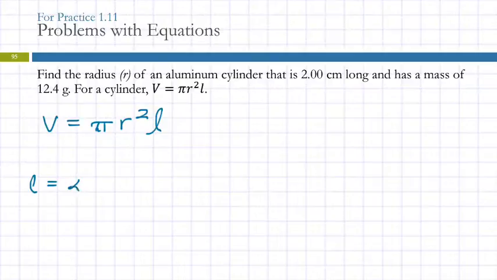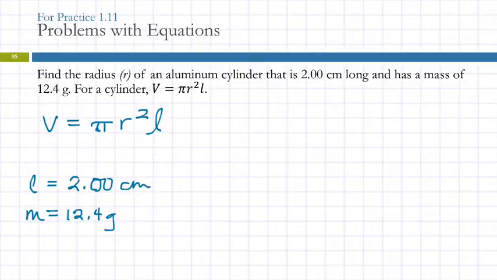The length equals 2.00 centimeters. I changed the tip of my stylus and now it's not behaving well. And then they're giving us the mass. We usually use mass as M. The mass is 12.4 grams. And we're trying to find R.